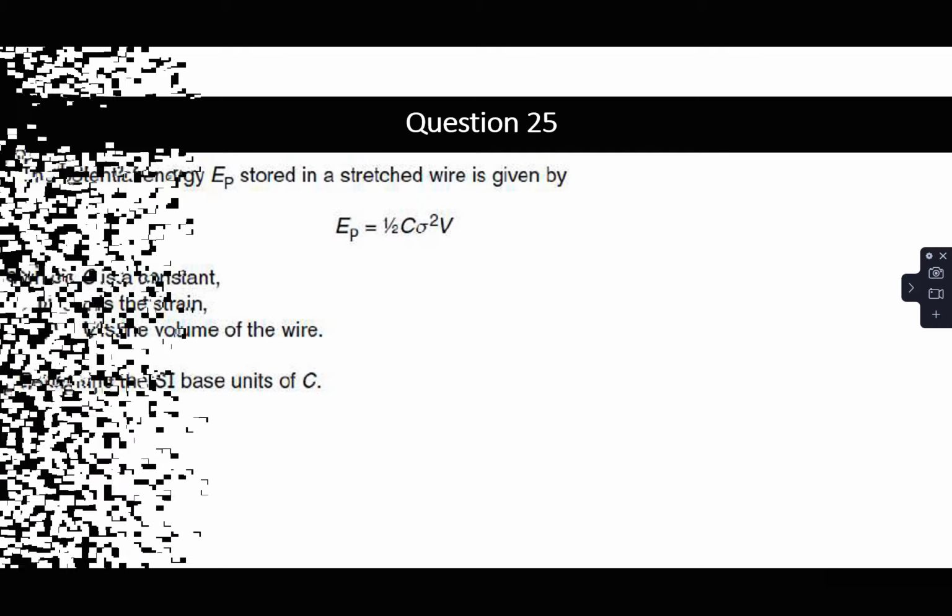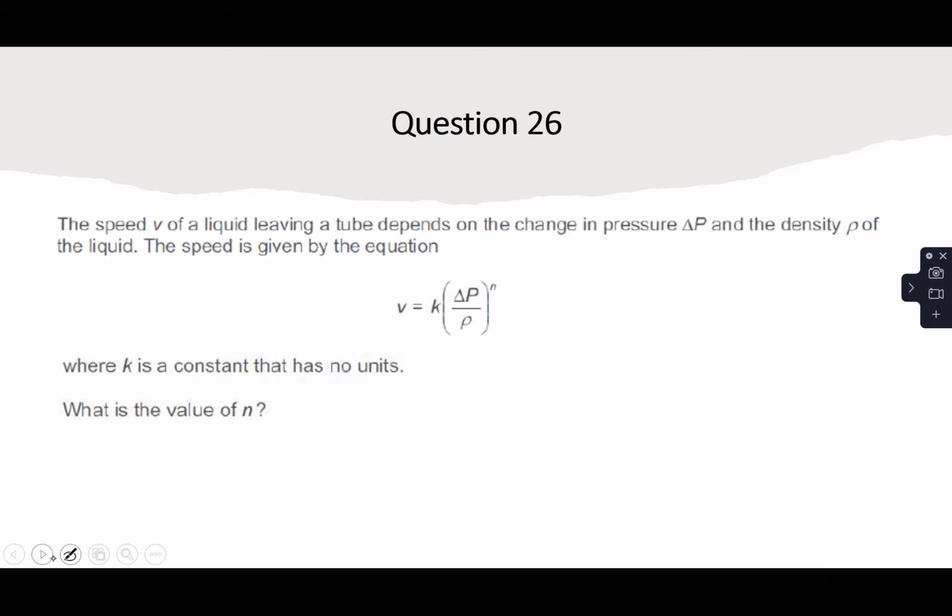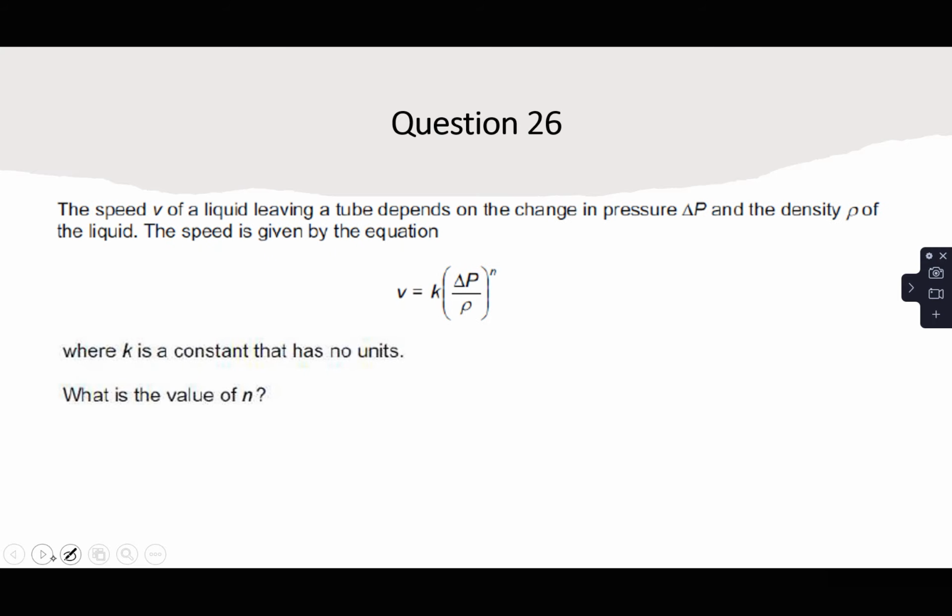Okay, number 26. Question number 26. V is the speed of a liquid leaving a tube, which depends on the change in pressure. So delta P is change in pressure, and rho is density.